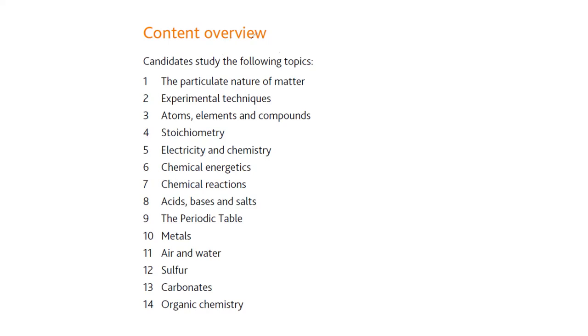The content overview means the chapters which will cover this whole syllabus. So what you have to study, the candidates study the following topics. The first one, the particulate nature of matter.